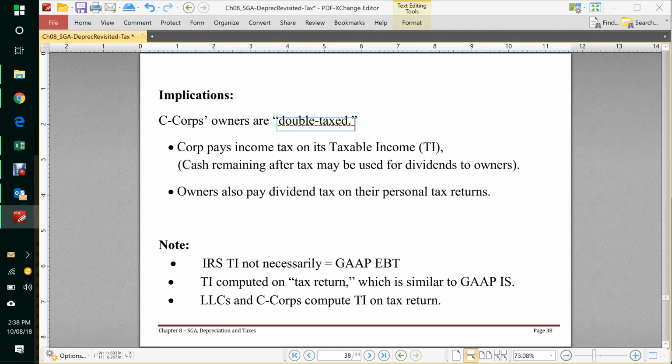REITs, LLCs, and S Corps avoid all this for the owners of entities. Let me just write that in.